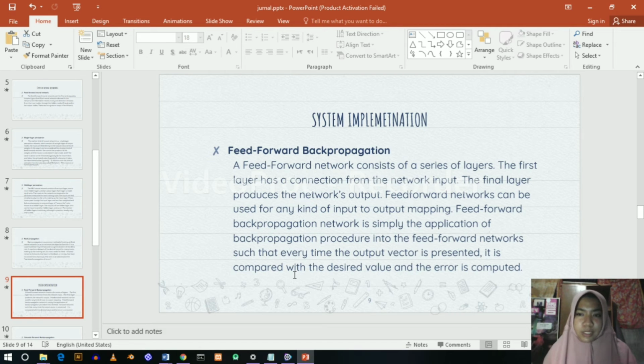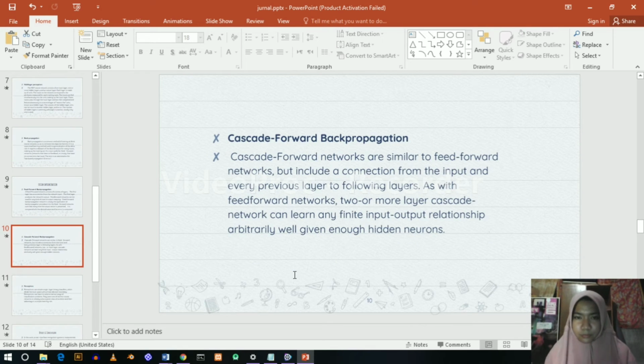A feed-forward network can be used for any kind of input to output mapping. The feed-forward backpropagation network is simple. Backpropagation is applied to the feed-forward network such that every time an input vector is presented, the output is compared with the desired value and the error is computed.